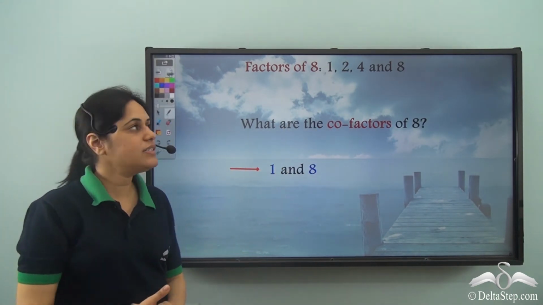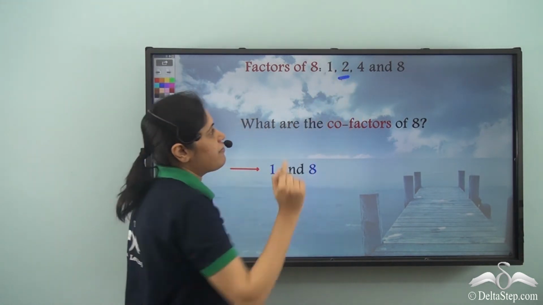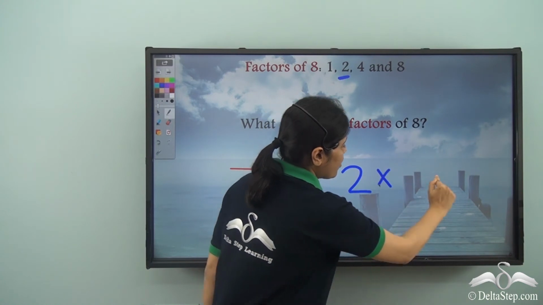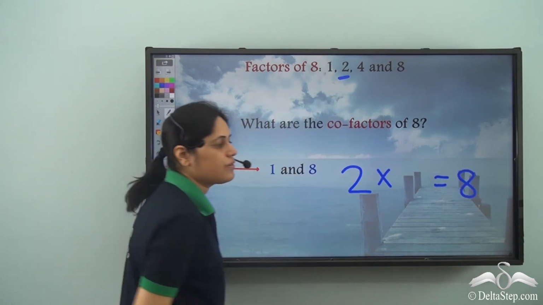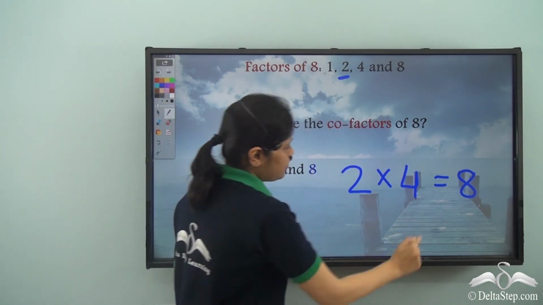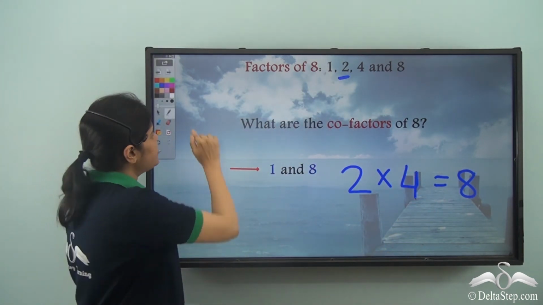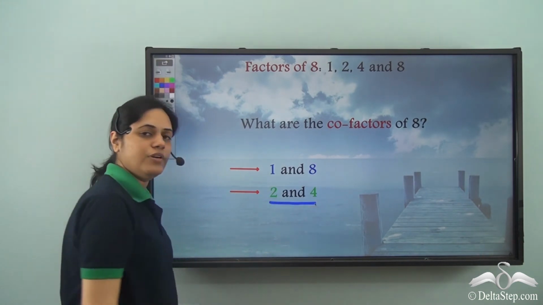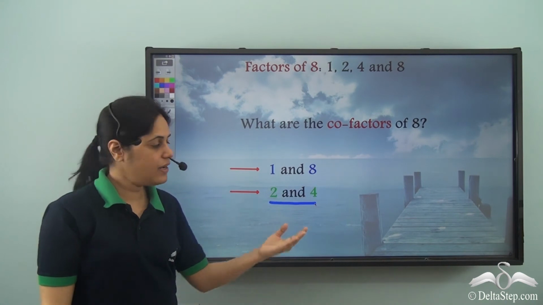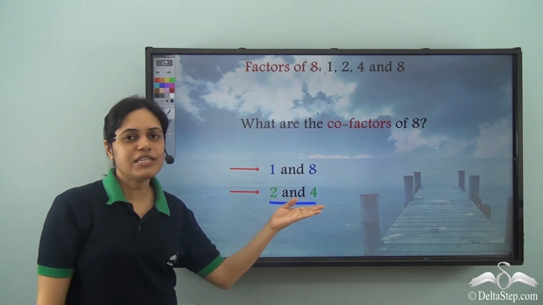What about the others? If I take 2 into what will give me 8? 2 into 4 will give me 8. So the other pair is 2 and 4. Now 1 and 8 can also be written as 8 and 1. 2 and 4 can also be written as 4 and 2.